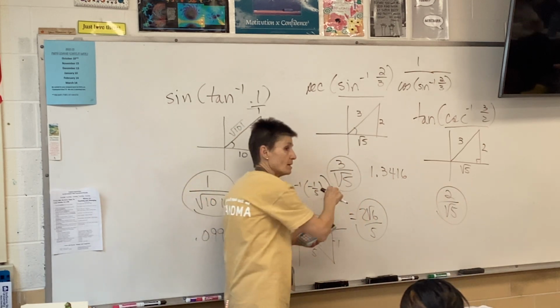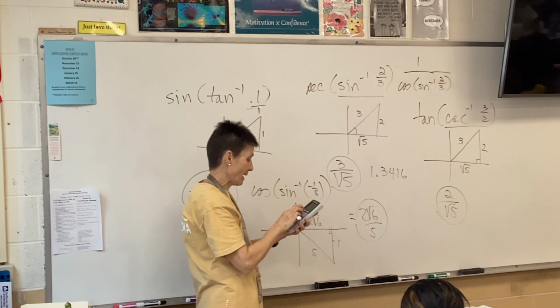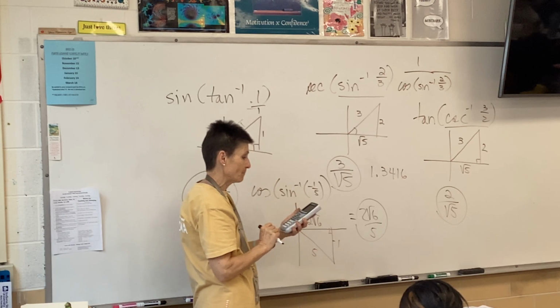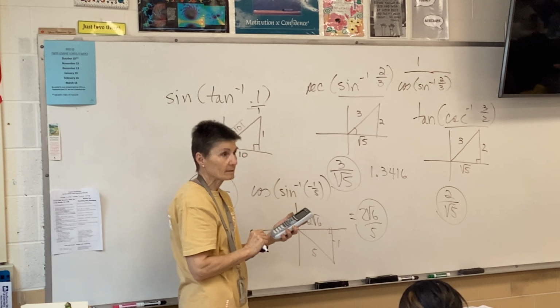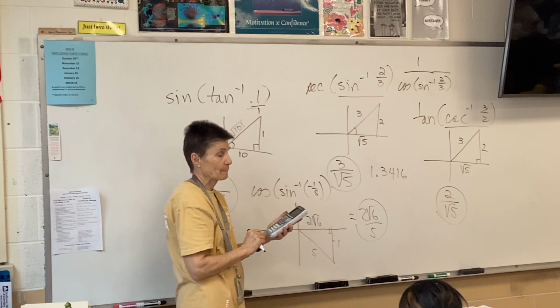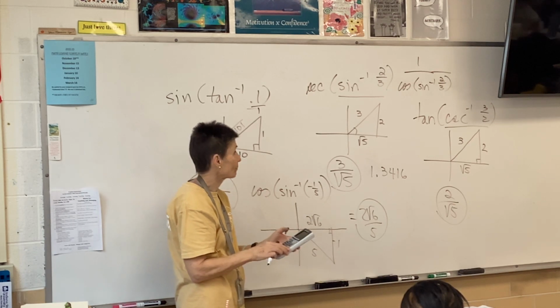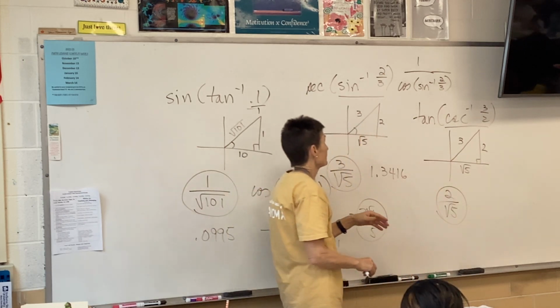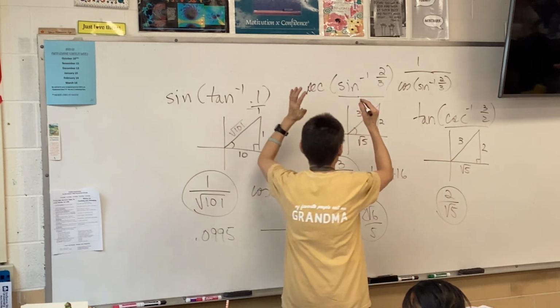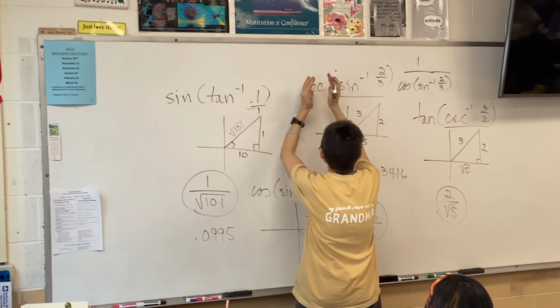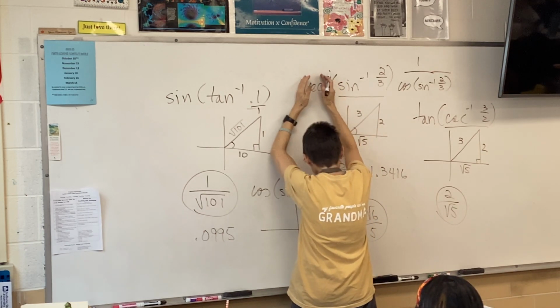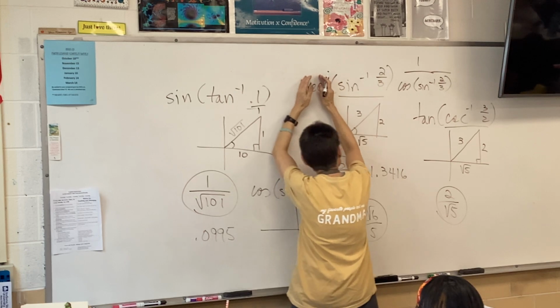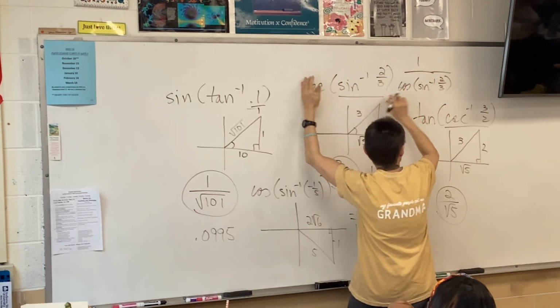So let's check it. 3 divided by the square root of 5, exactly the same number. So again, in this problem, we were finding a secant. To find a secant on our calculator, we have to do 1 divided by cosine.